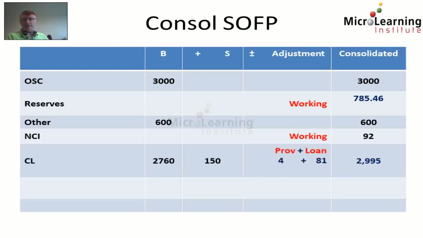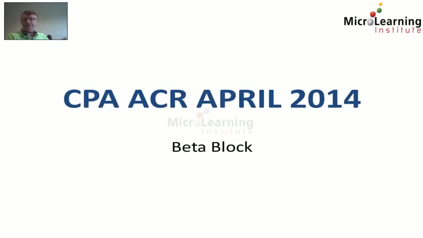We have current liabilities, so again the current liabilities in the individual companies are adjusted for the provision and the reinstatement of the loan at 81. And we have non-current liabilities which sit at 1,400. So therefore our total equity and liabilities side of the balance sheet totals 8872.4.